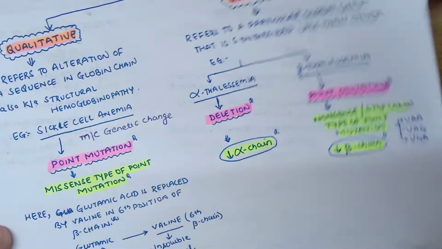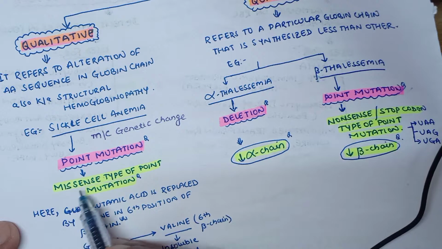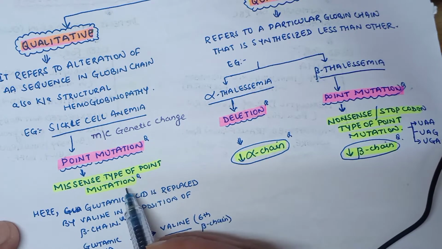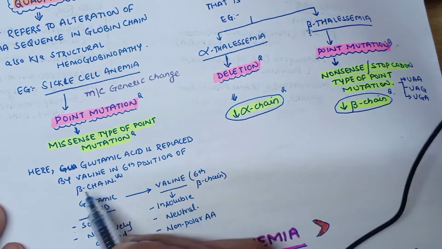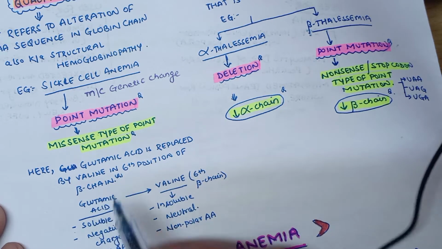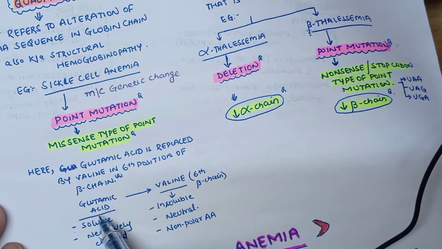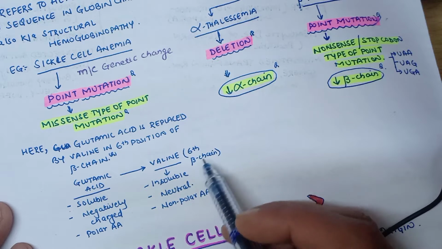It is missense type of point mutation, where glutamic acid is replaced by valine in the 6th position of beta chain.